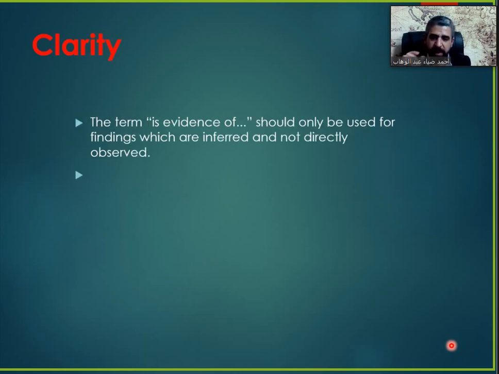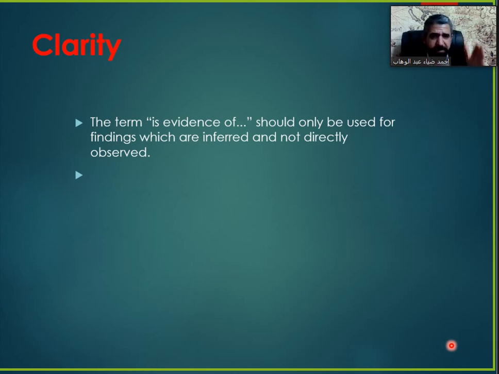The term that we commonly use is evidence of. The phrase evidence of should only be used with findings which are inferred and not directly observed. What do we mean by that? For example, portal hypertension. Do we see portal hypertension? We don't see portal hypertension. We see the effect of portal hypertension.